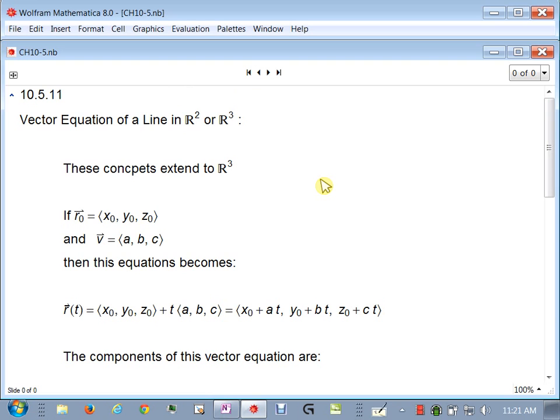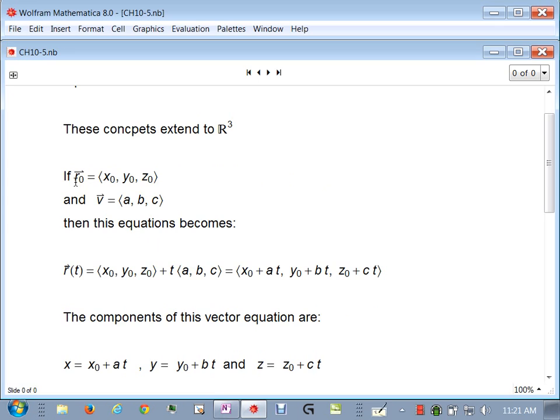Now, all of these concepts extend to three-dimensional space. So if we start with our initial vector, instead of it being x naught, y naught, it has to be x naught, y naught, z naught, right? And then our v, instead of being a two-dimensional vector, we call it a, b, c. Then the vector equation of the line becomes this instead. So it's still r naught, it's still tv.